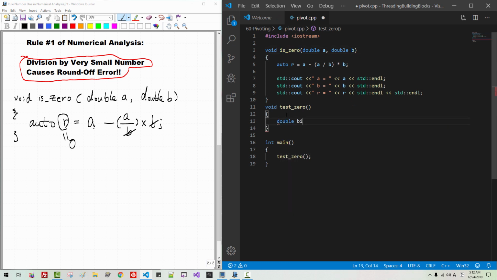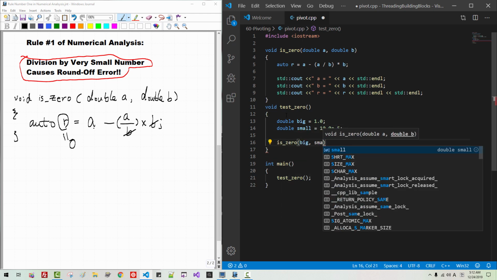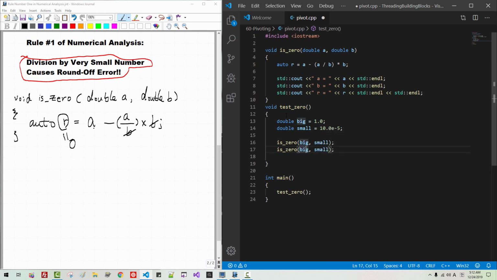Double big = 1.0, double small = 10.0E-5. Then is0(big, small) and is0(small, big). We are calling this function, and the test0 function calls is0 with big as A, small as B. In this case, small as A, big as B.